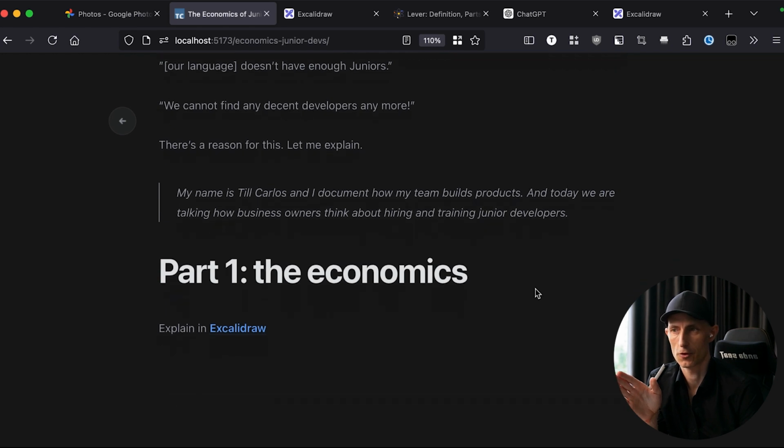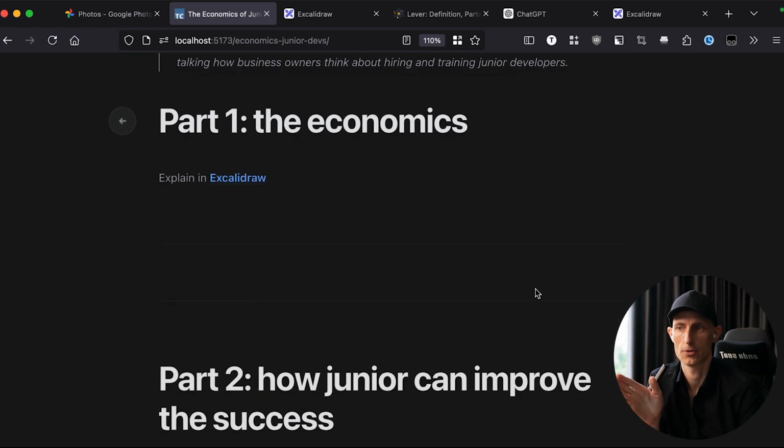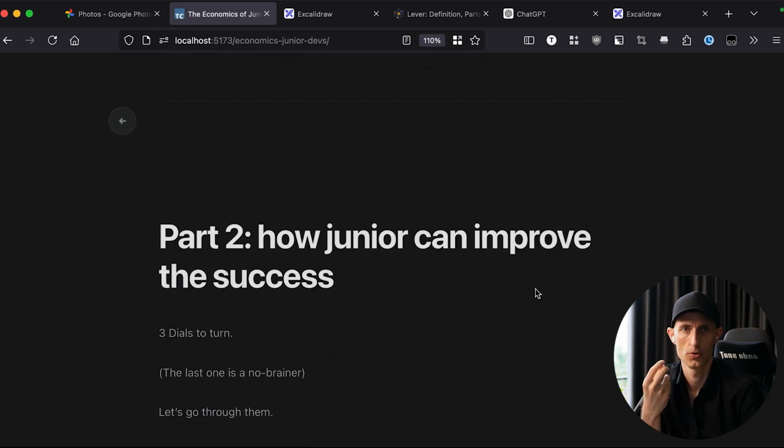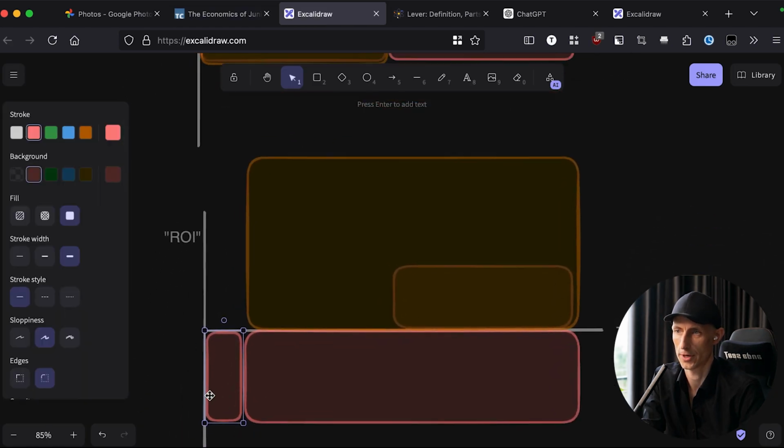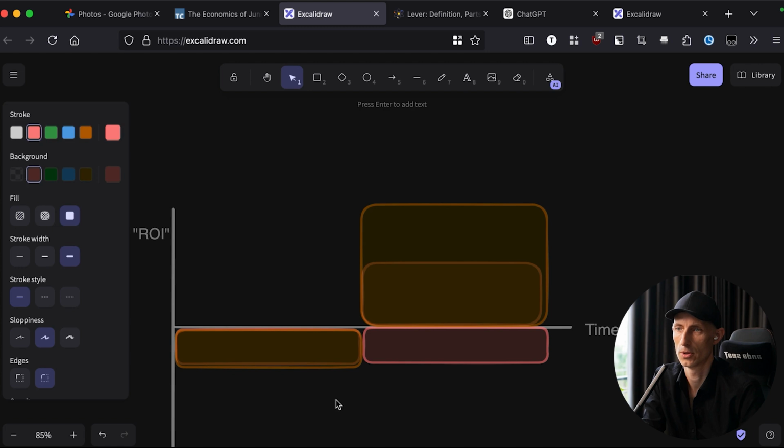Now the question is, of course, how can a junior use that to their advantage? How can a junior use this knowledge in order to get hired faster and maybe even get a better deal on the job? Just like with the senior who has less onboarding time, the junior can also have the dial of the learning time.